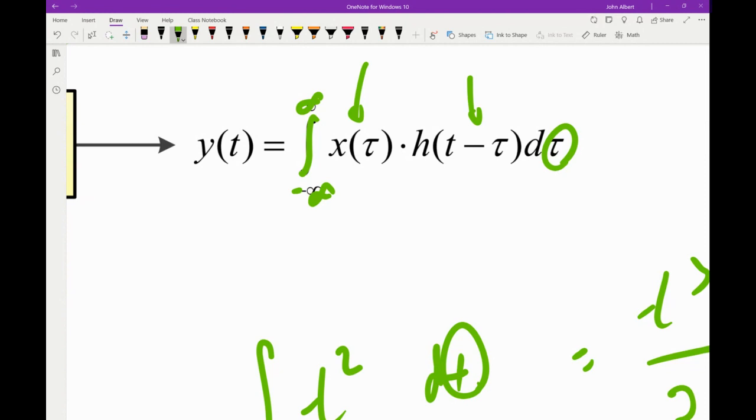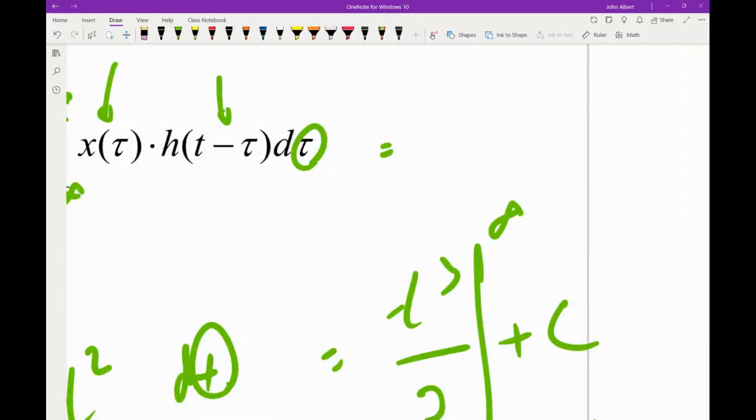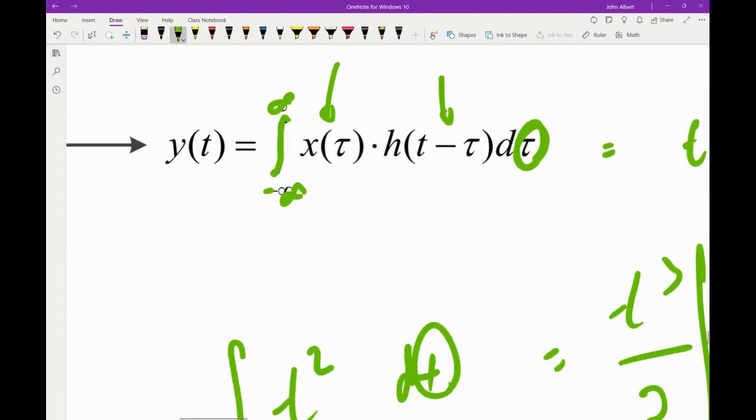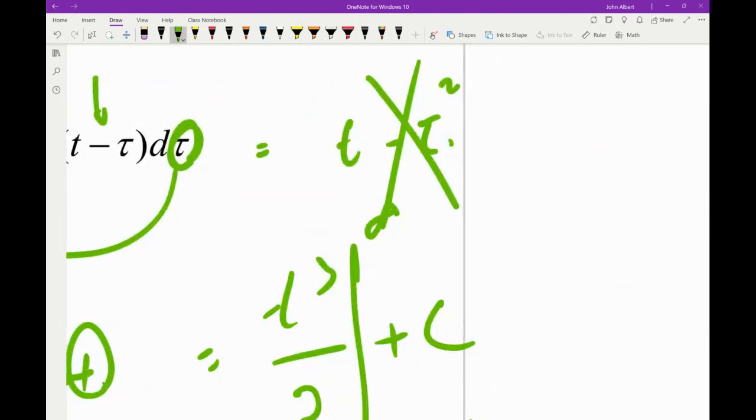When I do this integration with respect to tau, if someone tells you that the answer is, for example, t minus tau squared, you can immediately say that this is wrong. Why? I'm integrating with respect to tau, and the integration has definite limits, so the output should not have tau.